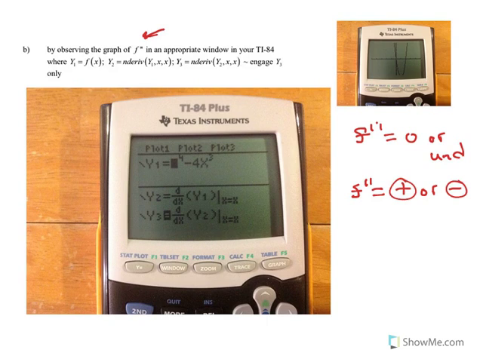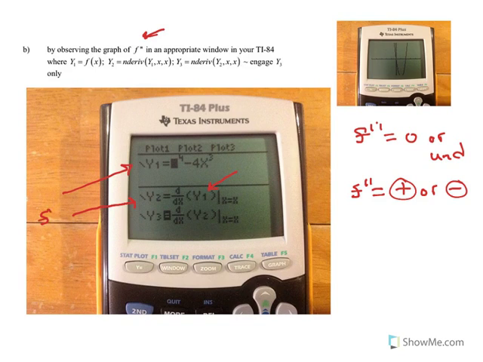To get a second derivative on the calculator, we're going to do it similar to the first derivative. Your original function, you want to put it into y1. To get your first derivative, you're going to do what we did earlier, ask in y2 for the derivative of y1. So this is going to be f prime.